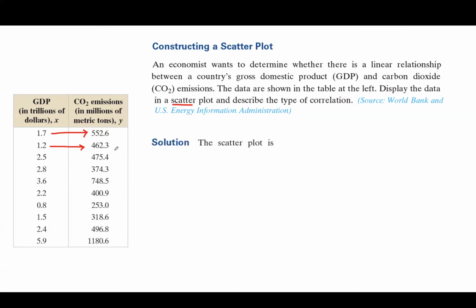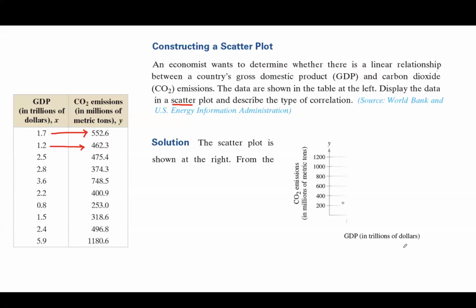Now let's take a look at the scatter plot. The scatter plot is shown on the right-hand side. We can basically use the dots and connect these together. On the vertical axis, we're going to have CO2 emissions. On the horizontal axis, we're going to have X values, which is GDP, in trillions of dollars. The scatter plot can be visualized this way.